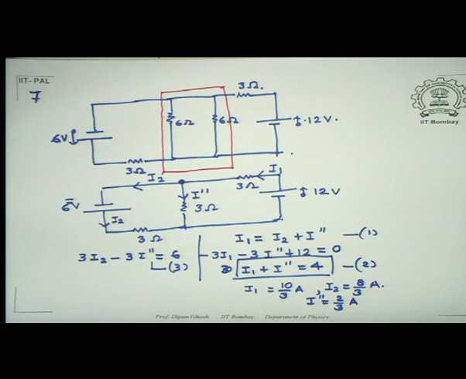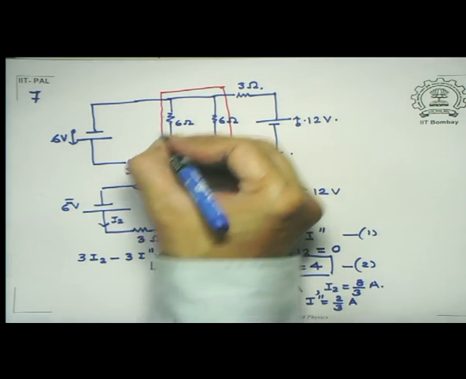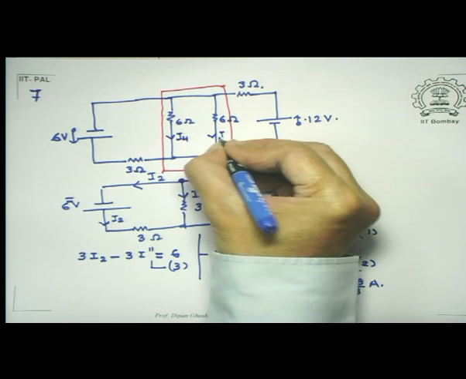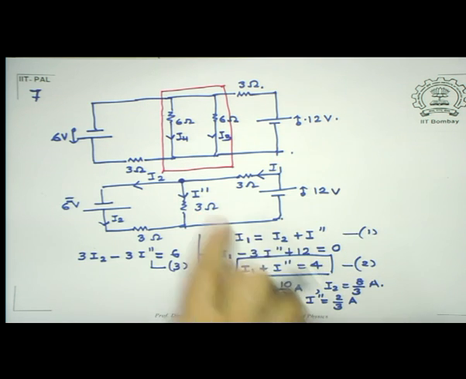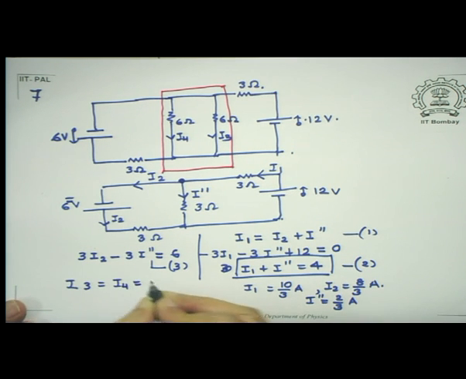If you call this, let us say I3 and that as I4, that must have arisen due to the I double prime. So I can assume that I3 equal to I4 equal to half of I double prime, which is equal to 1/3 amperes.